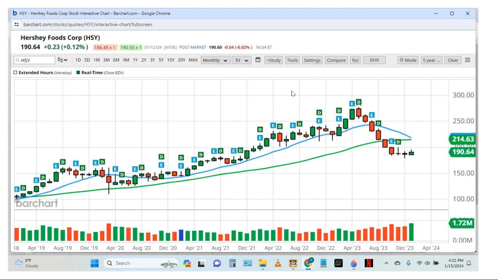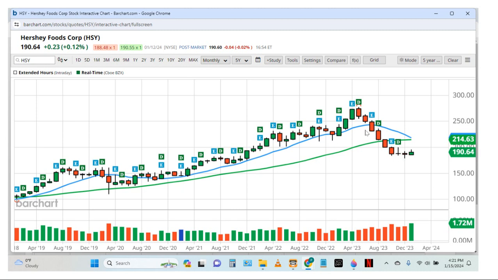Again, here's another picture of a large food company, large consumer staple company, Hershey's Foods. Had a real bad sell-off here, 6-7 month sell-off in 2023, along with many other food companies. I believe that was interest rate pressure, and as the stuff that they were probably buying for their foods or the ingredients were probably getting more and more expensive.